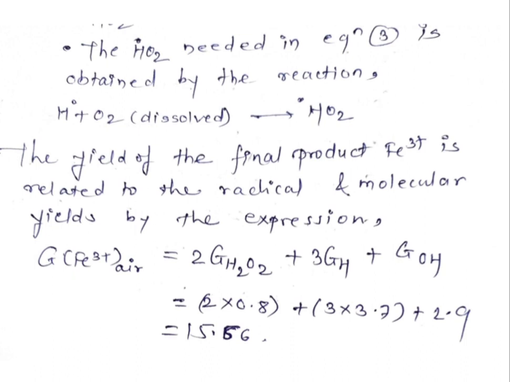The yield of the final product Fe3+ is related to the radical and the molecular yields by the expression G(Fe3+) present in the air, which is equal to twice G(H2O2) plus thrice G(H) plus G(OH). So the final value of the G(Fe3+), or the molecular dissociation, will be 15.6 for the Fe3+ in the Fricke dosimetry.